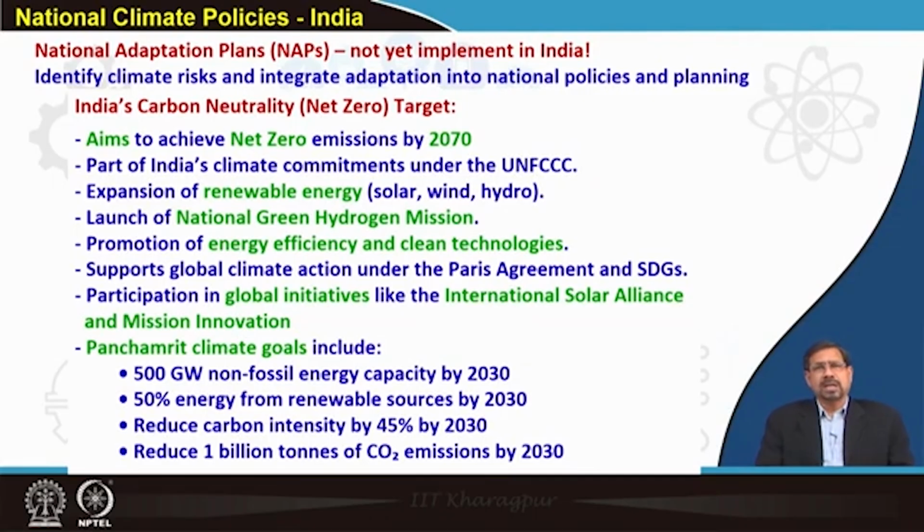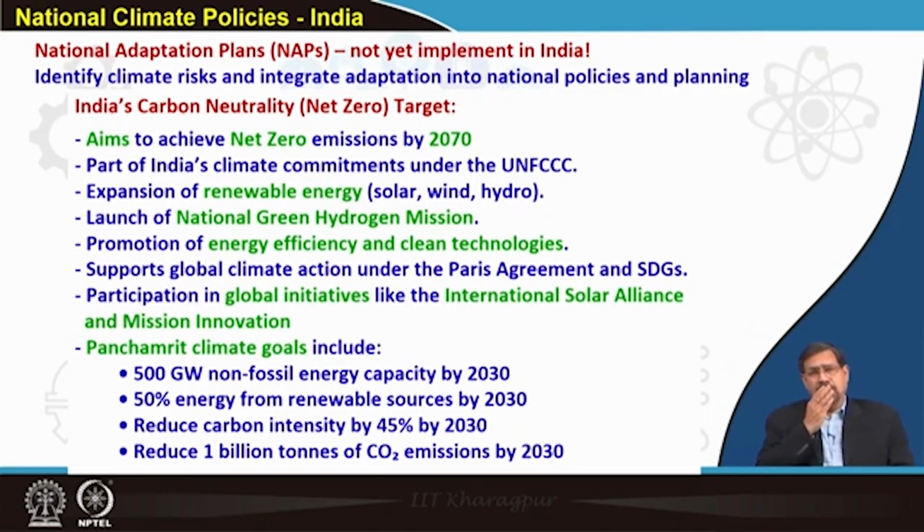In terms of the national climate policies, we have the NAP, National Adaptation Plan. It is not yet implemented in India. It identifies climate risks and integrates adaptation into national policies and planning. Then India's carbon neutrality in terms of the net zero target.